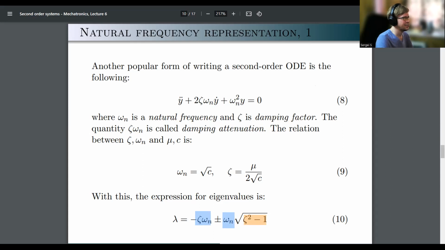And what is especially interesting, what happens under the square root depends entirely on the size of zeta. Whether or not it is bigger than one basically decides what the situation would be.